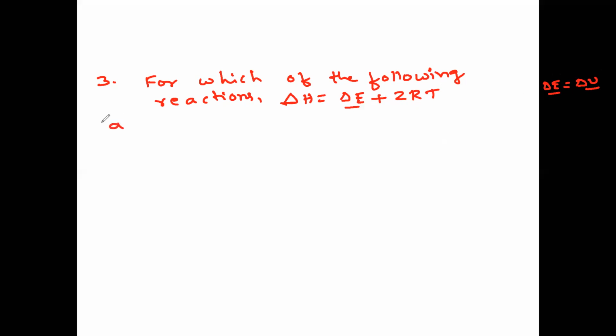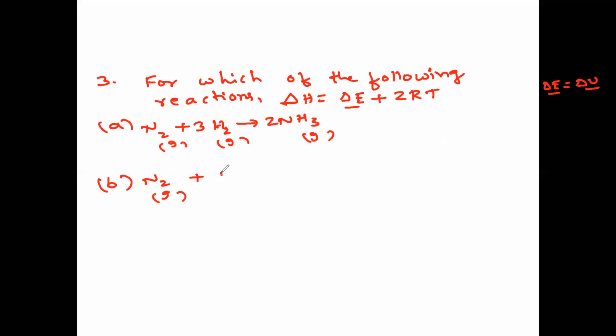Let us take the first example they have given. Option A: nitrogen plus 3 moles of hydrogen gas gives 2 moles of ammonia. All are gases here. Second option: nitrogen gas plus oxygen gas, N2 plus O2, gives 2NO, that is 2 moles of nitrogen oxide gas.